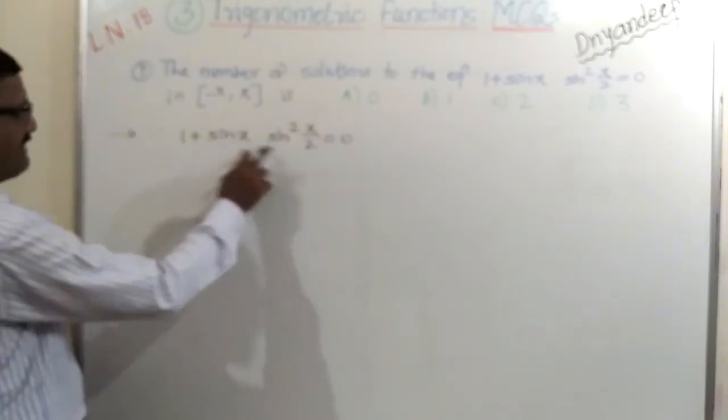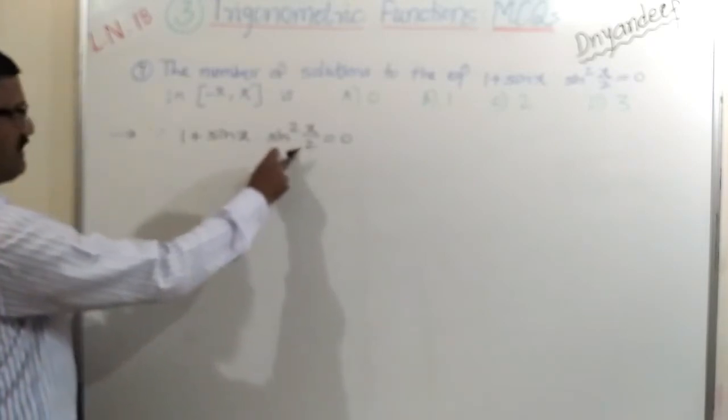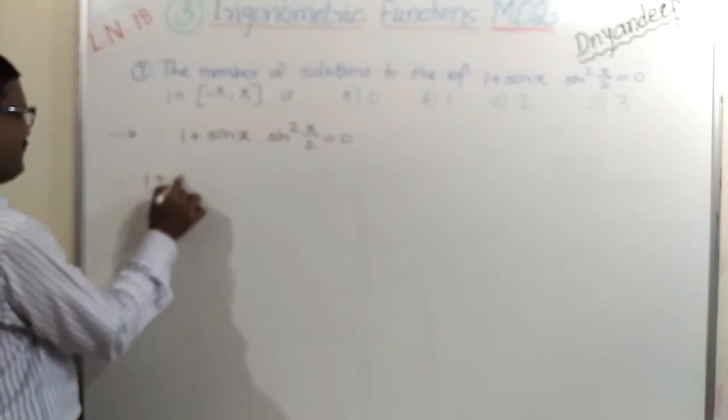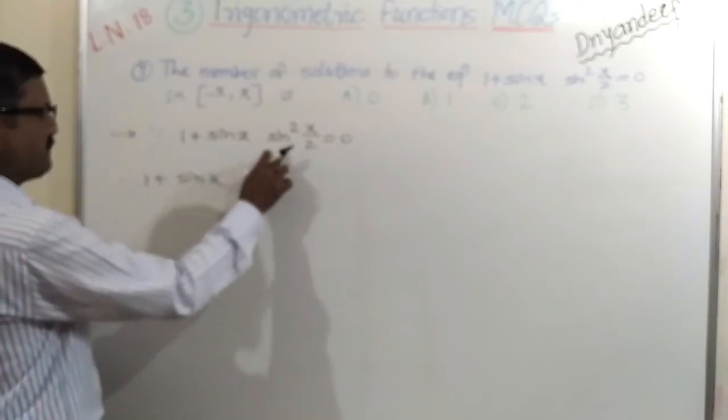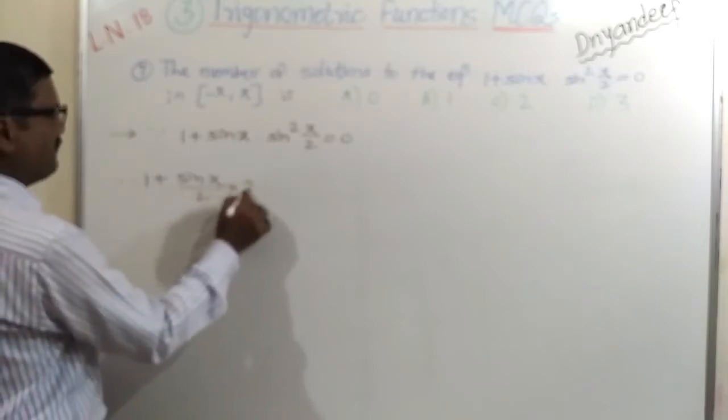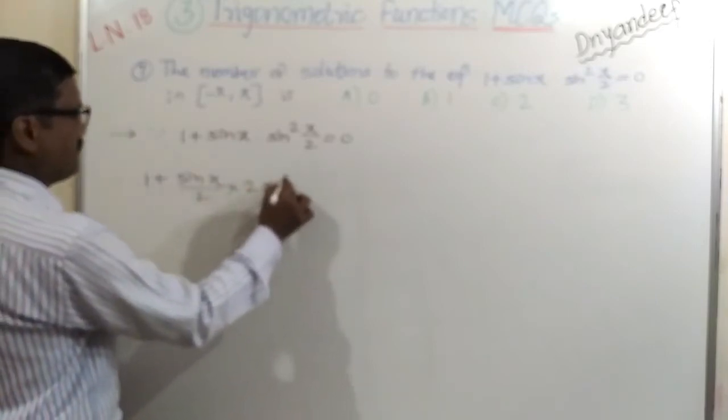Here there is a single angle and here a half angle is given. So convert this half angle into single angle. For that, multiply and divide by 2.